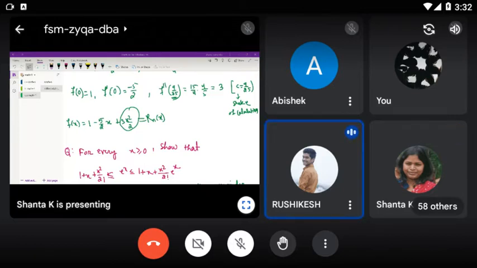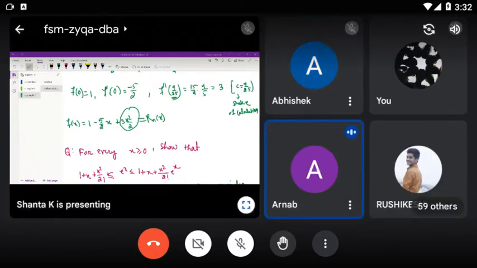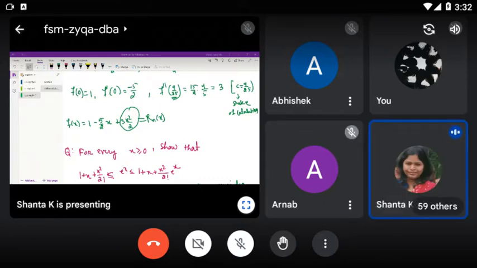Ma'am, the screen has not loaded. It's not loaded. The screen is visible to us. Yes, ma'am, the screen is visible.